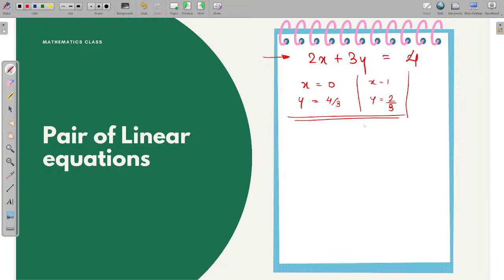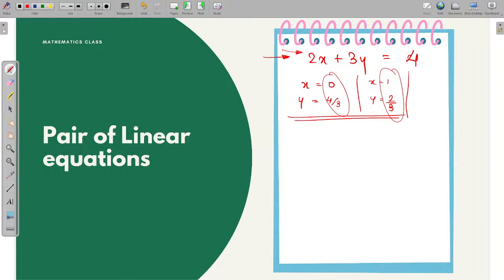This linear equation in two variables will form a straight line if we draw it graphically. You can try putting these points and surely you'll get a straight line. This is also the reason why we call these linear equations, because on a graph they form one straight line.